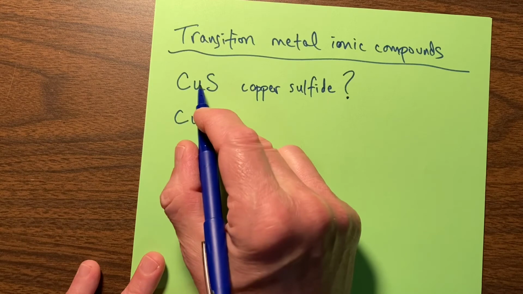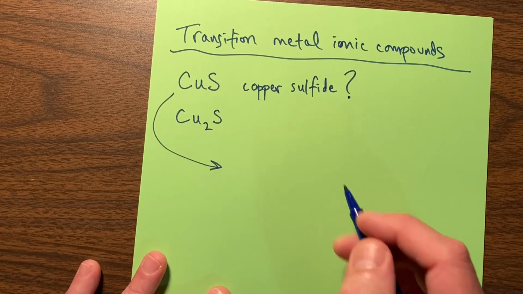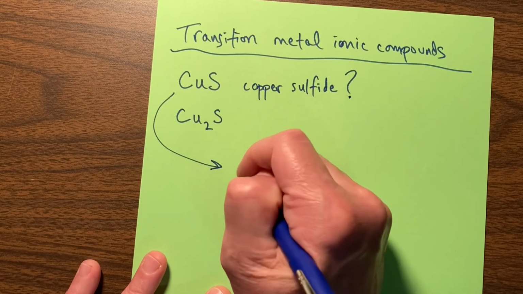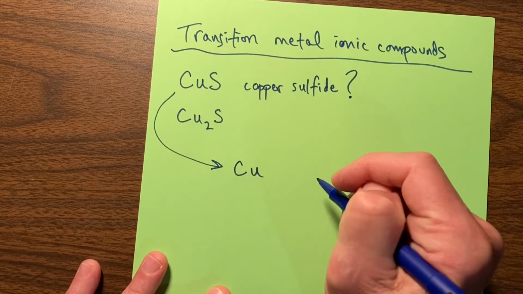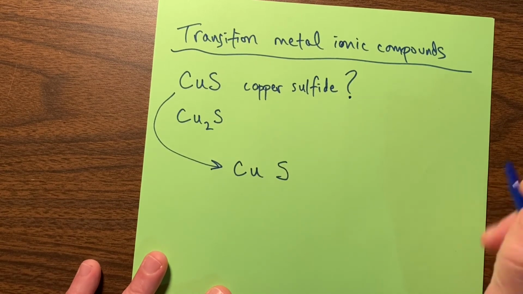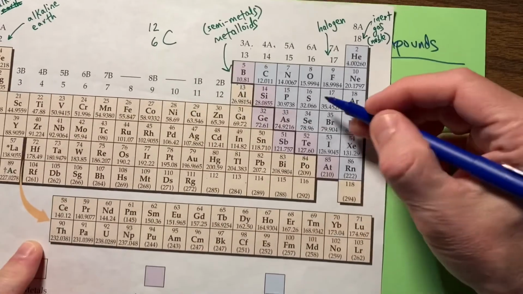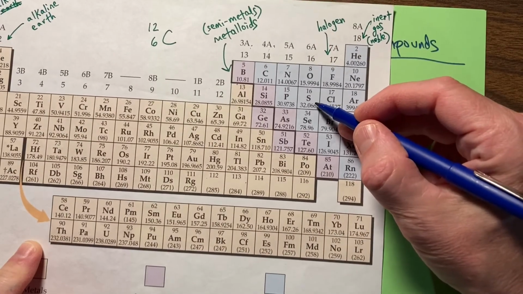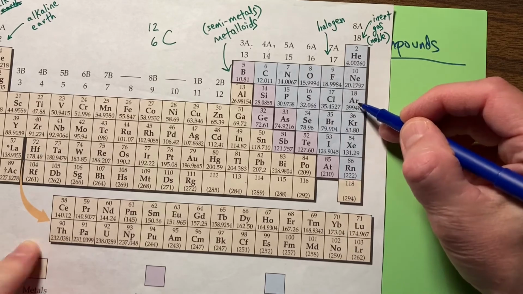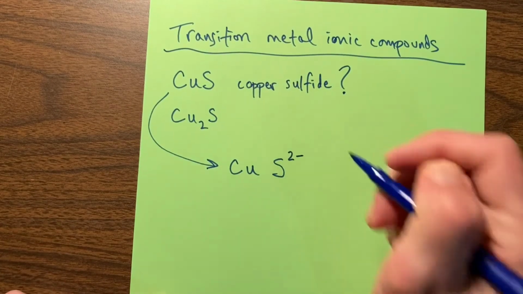So what would the Roman numeral be for that compound? Easy to figure out. You just ask yourself, okay, if copper is with one sulfur, I'll draw it here, what would the charge have to be? Well, I know from the position of sulfur in the table that it's in this column here. So sulfur needs to gain 2 electrons to have a filled shell. Therefore, it's going to have a -2 charge.